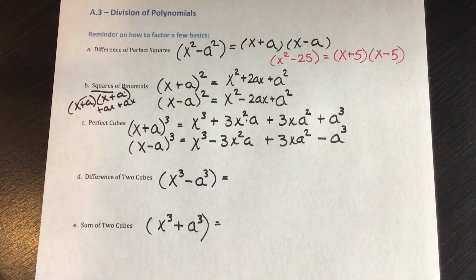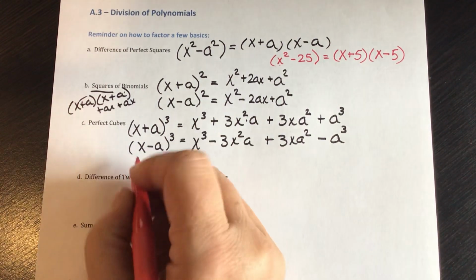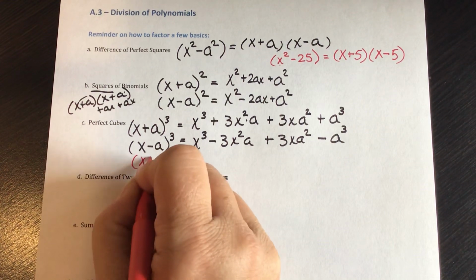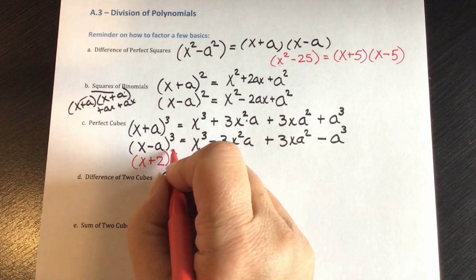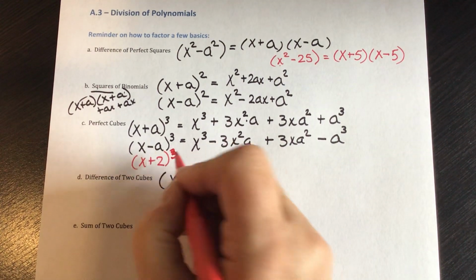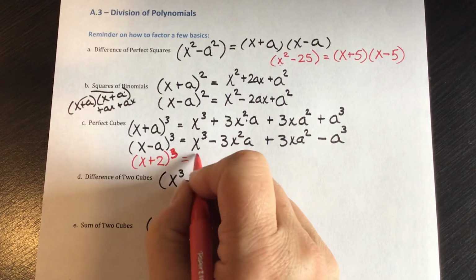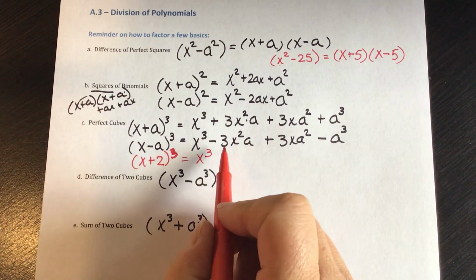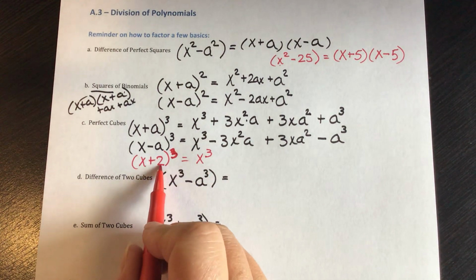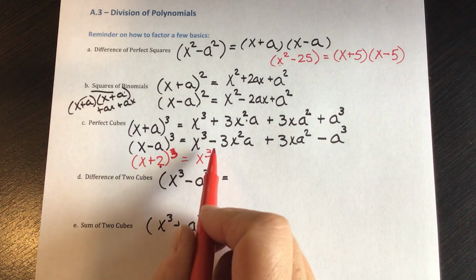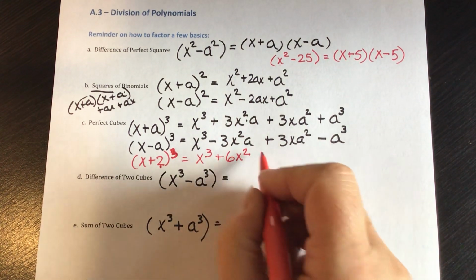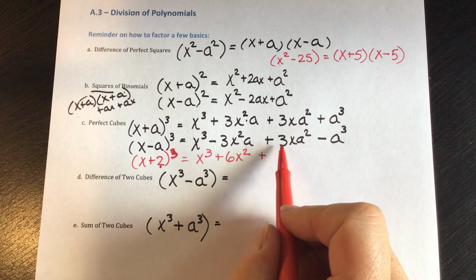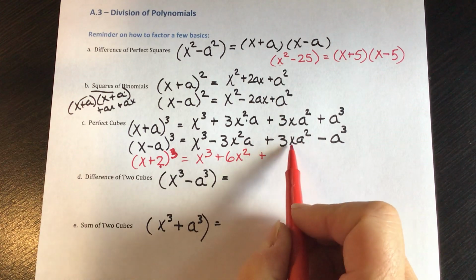So if I just try this, let's do an x plus 2 cubed. Sorry, third power. So I'm going to have x to the third, and then I'm going to have 3 times a, which is 2, so that would be 3 times 2 is 6, x squared, and then I'm going to have 3 times a squared times x.